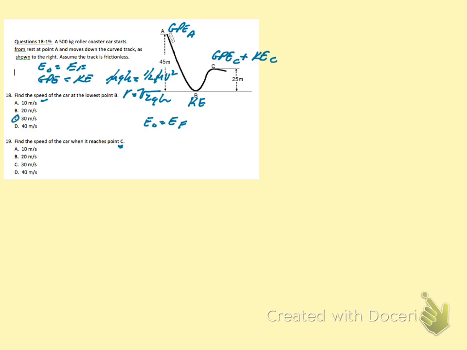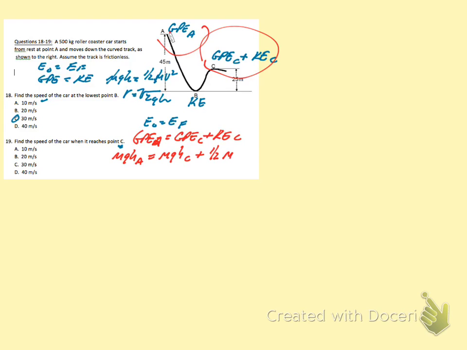So GPE at A equals GPE at C plus kinetic energy at C. We have mg height A equals mg height C plus 1/2 m times the velocity at C, squared.